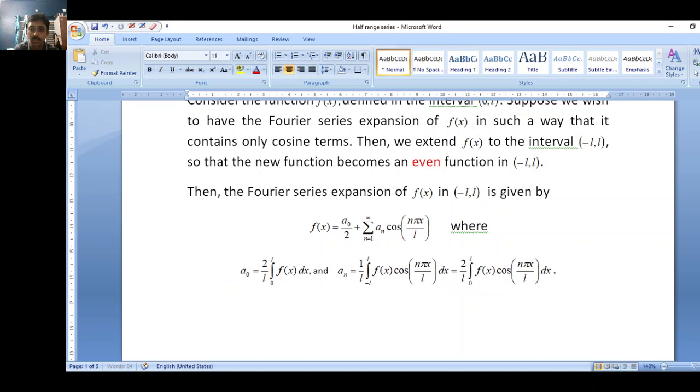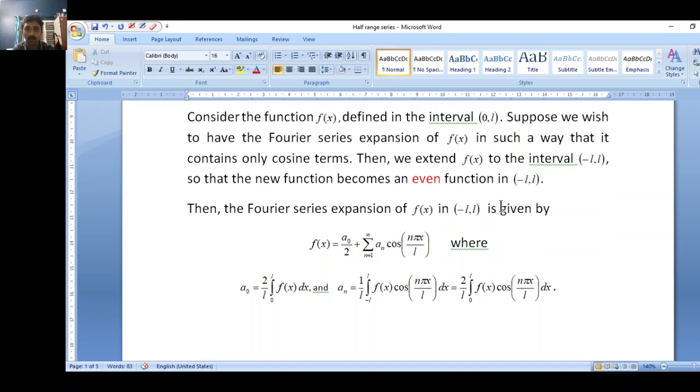Okay, so this is going to be the Fourier series expansion of f of x in the interval minus L comma L. But because we have the original function to be defined in 0 comma L, this expansion will remain the same, and this will be called the half range series expansion.